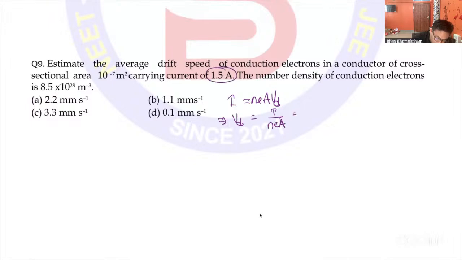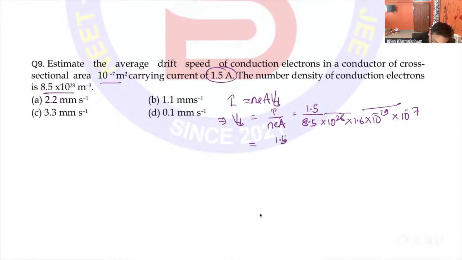Current is 1.5 ampere. Number density is 8.5 into 10 to the power 28. E is 1.6 into 10 to the power minus 19. And the cross-section area is 10 to the power minus 7.